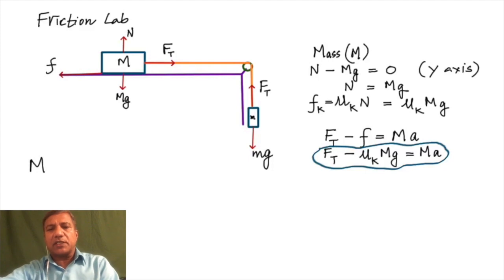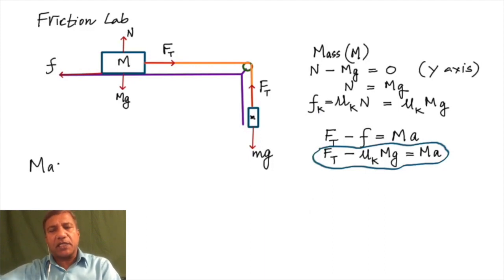When we look at the smaller mass, there are only two forces acting. Ft is up, positive, mg is down, negative, and so the net force will be Ft minus mg, but that should be equal to negative ma. Why negative? Because the object is accelerating downwards.